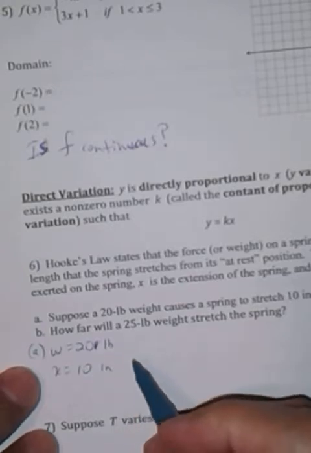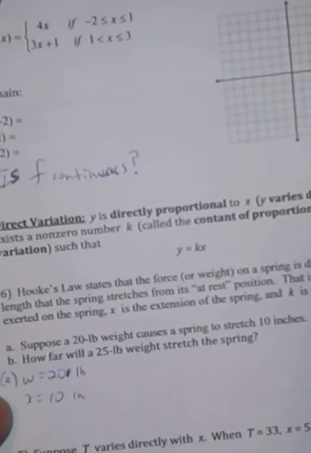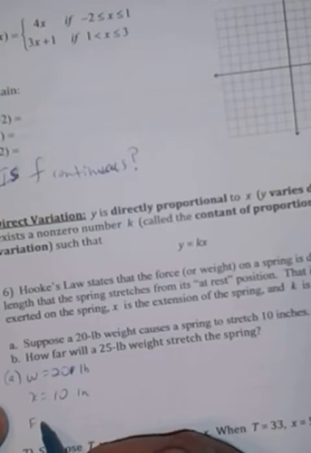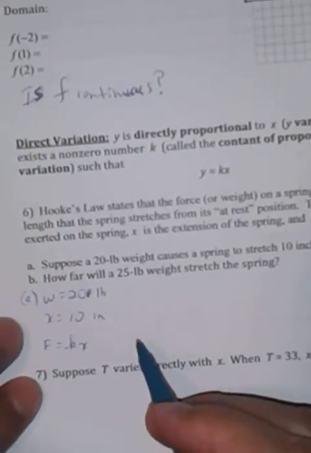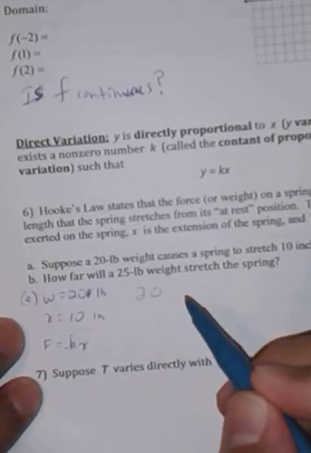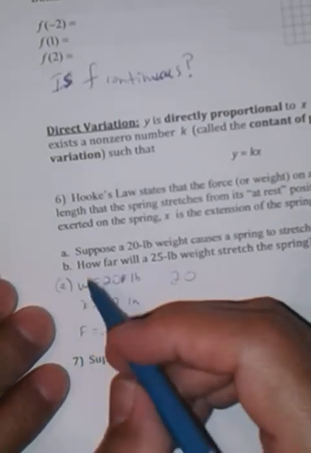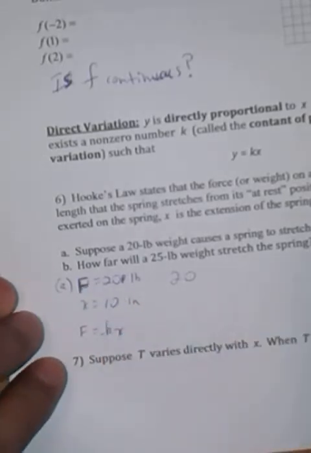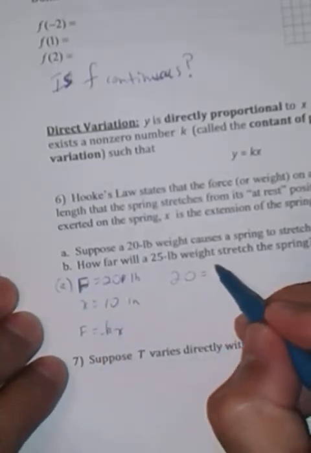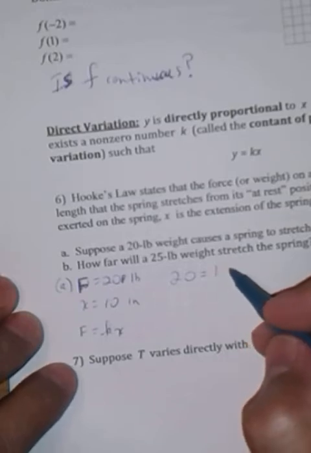All right, so I plug that into my equation, F equals kx. Let me write the equation F equals kx. But I plug those numbers into my equation, so I will write then 20. Oh, I have to keep in mind that the weight is referred to as F.